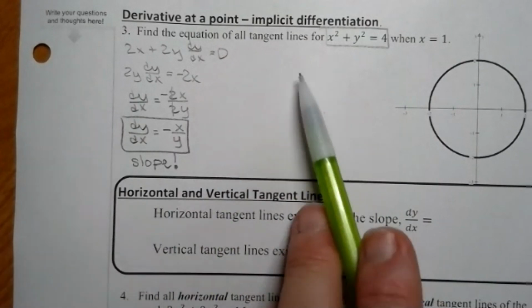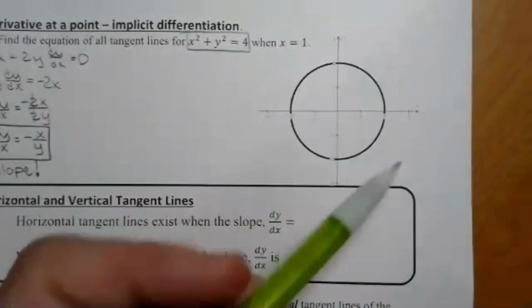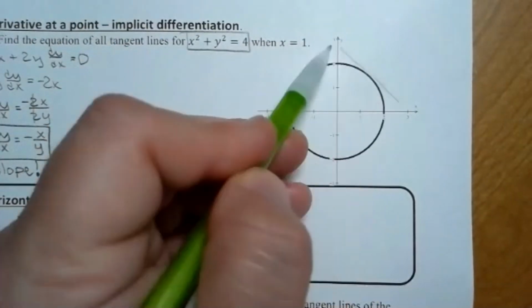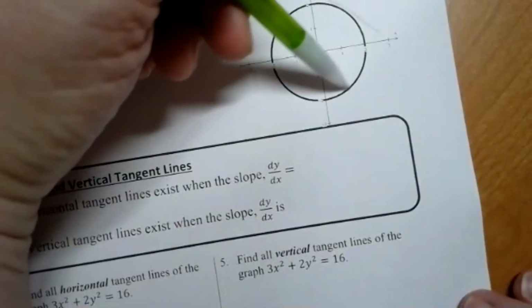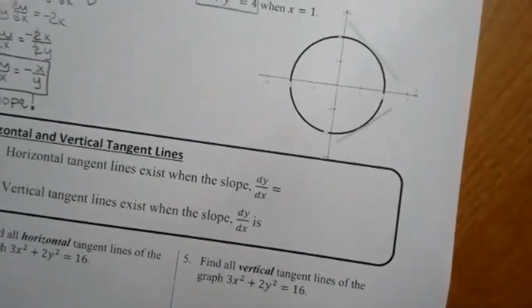Okay, so now we want to find all of the tangent lines for this when x is equal to 1. Okay, so x is equal to 1 here, so that means we want to find this tangent line, and we want to find this tangent line. Okay, anytime where x is equal to 1.